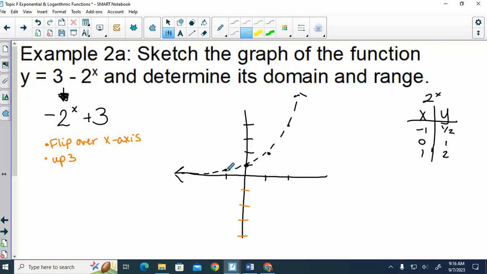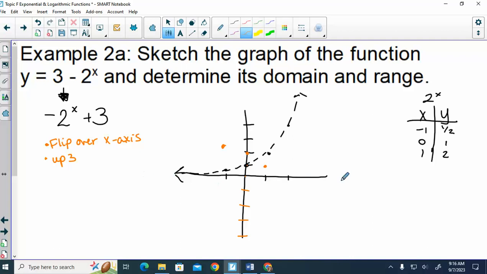So if I flip this point, we'll go down to -1/2 and then up 3. I flip this, goes to -1, then up 3. And then -2, up 3. Maybe it's a little bit difficult to tell what's going on here, but when we did these transformations, I also told you you need to move your asymptote.